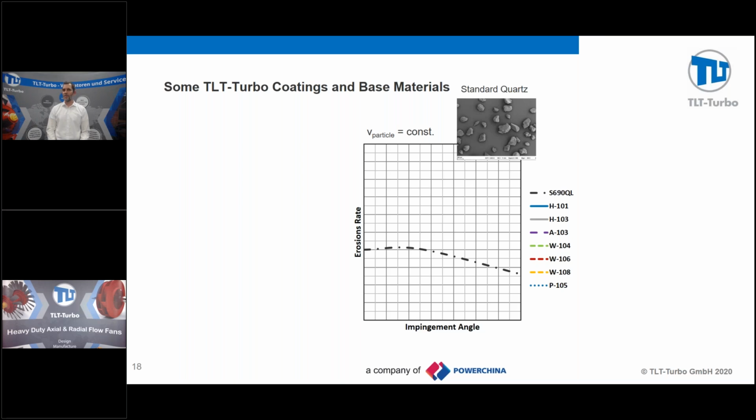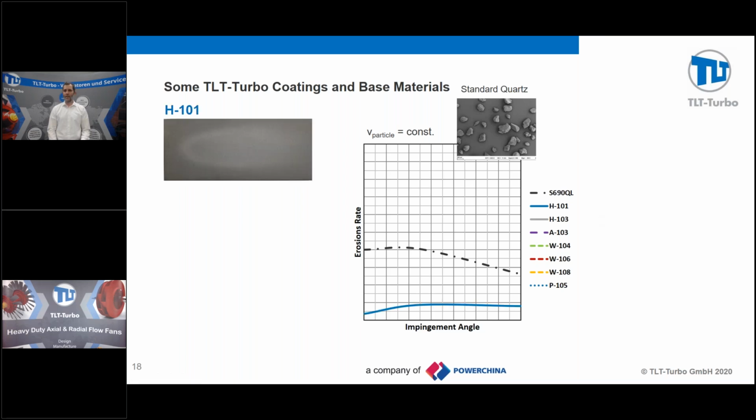So what is TLT-Turbo offering as coatings and base materials? Once again, we see here the erosion rate for different impingement angles. Our reference case in this one will be a structural steel S690, which is very often used in applications with wear for the fan.